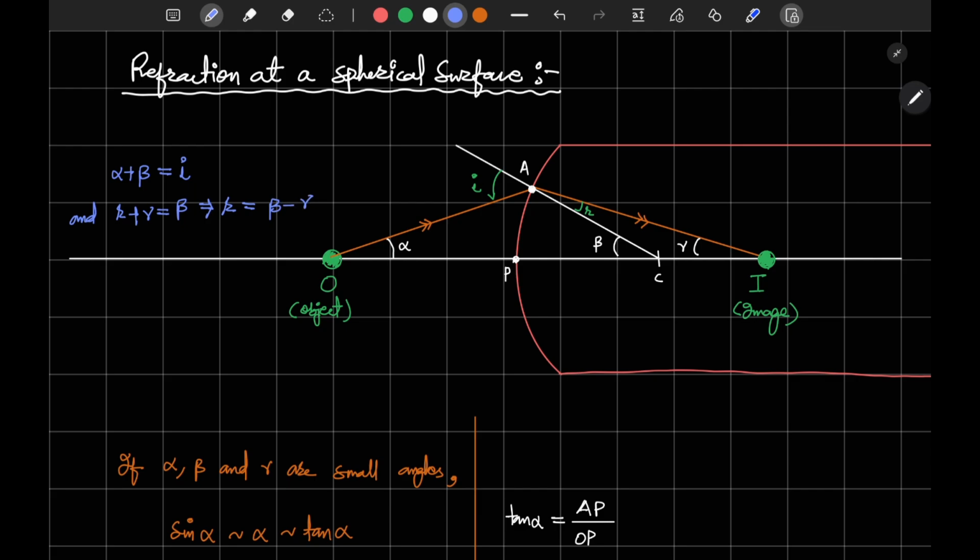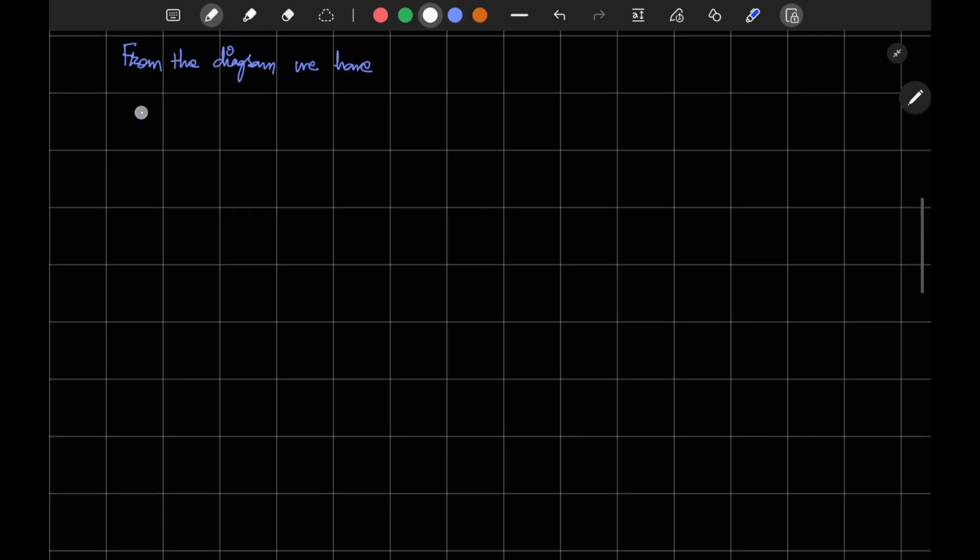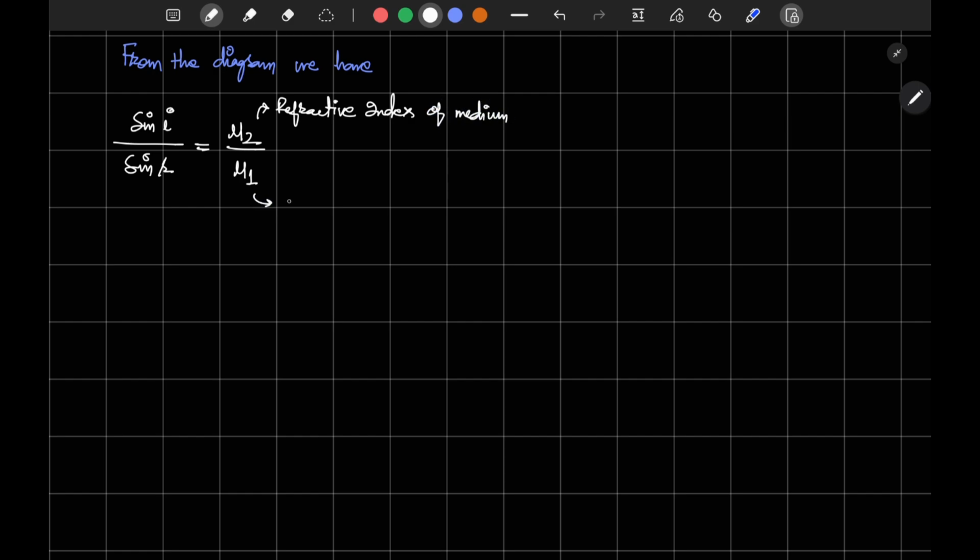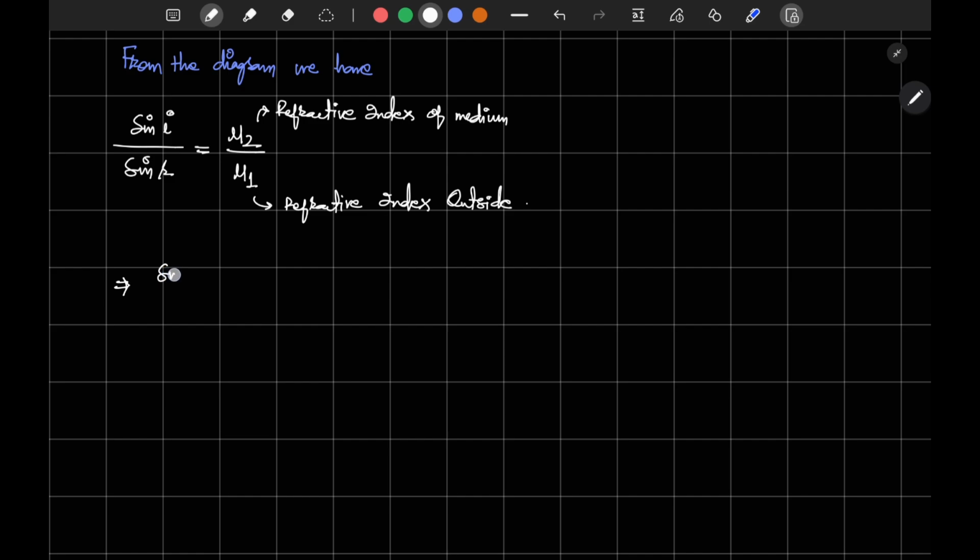Now we will be using Snell's law, that is sin I upon sin R is equal to mu2 upon mu1. Mu2 is the refractive index of the medium and mu1 is the refractive index outside the medium. Previously, we had already calculated the value of the angle of incidence, that is I is equal to beta plus alpha.